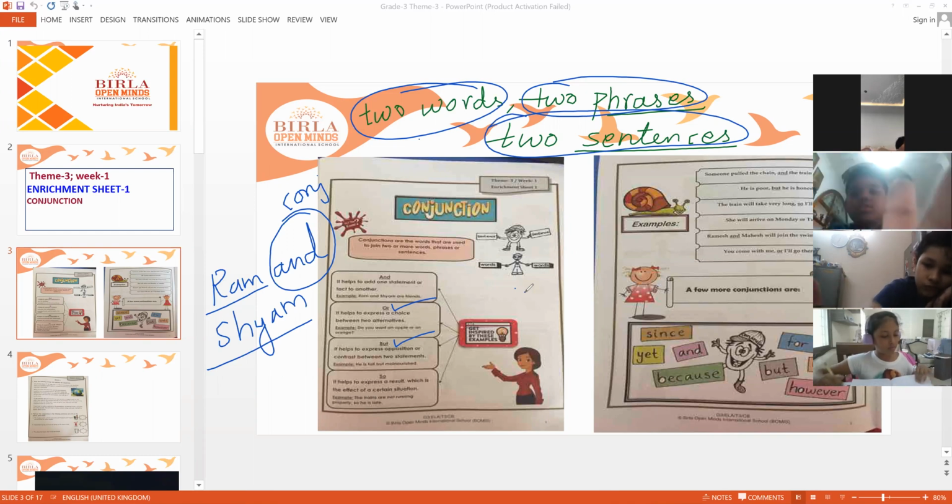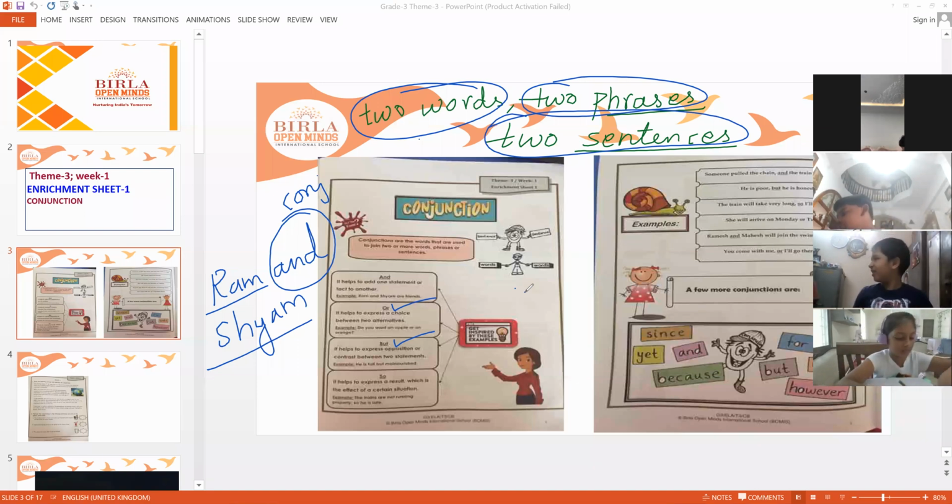Yes, you love chocolates, you love sweets. But we have to take care of our teeth also, right? Yes or no? So here, a completely opposite sentence. We want to do it, but there is some reason behind it that we cannot. So when do we have to use "but"?